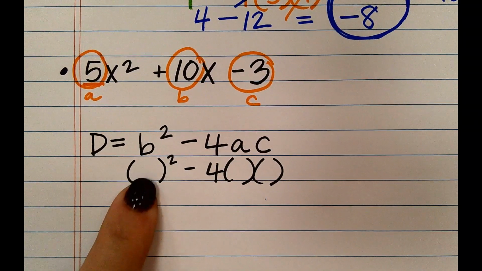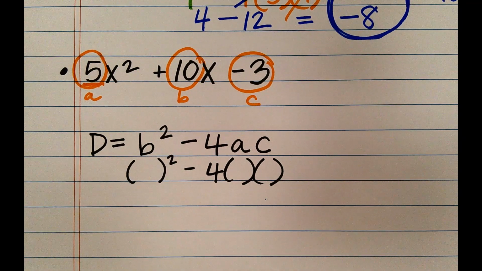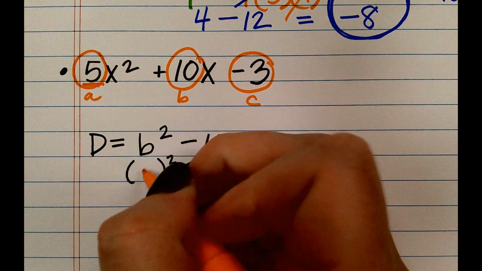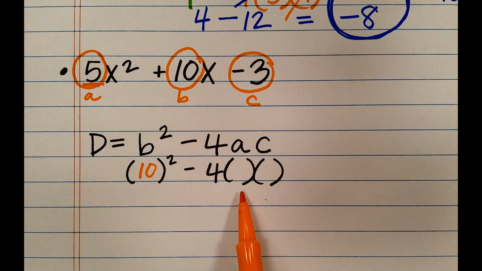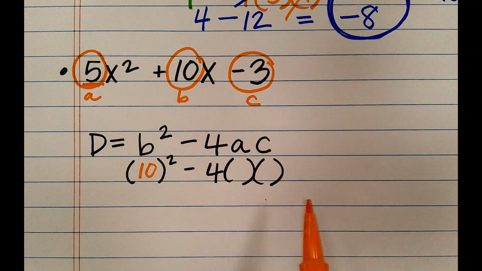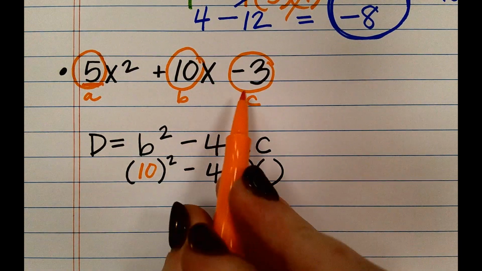What goes in the first blank? 10 squared, so I'm going to put 10 here. Minus 4 times 5, that's my A, and negative 3, times C. Negative 3.